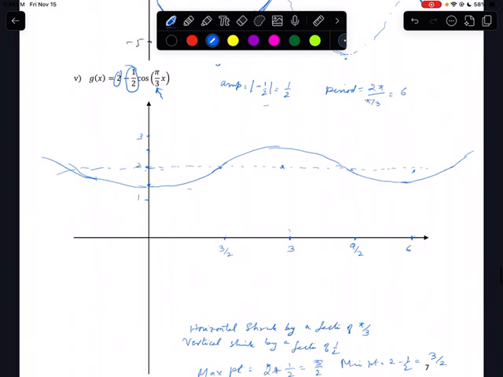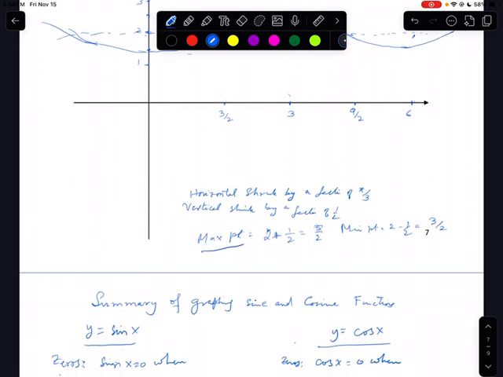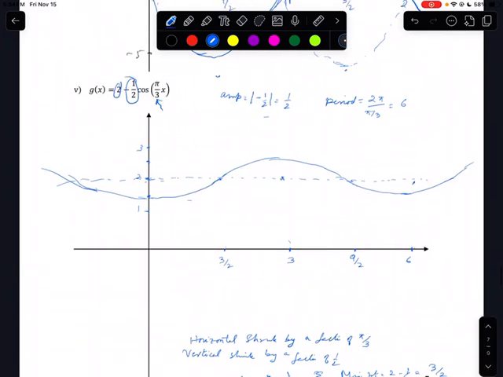Okay. So I wrote the max point: 2 plus 1/2, which means 5 over 2, which means 2.5, and the min point is 2 minus 1/2, which is 3/2, or 1.5. So we can plot the graph like this.